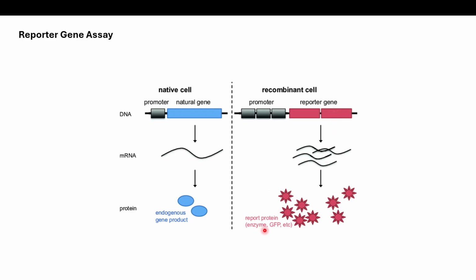Then you have some kind of enzyme like beta galactosidase or a fluorescent protein like green fluorescent protein or yellow fluorescent protein, or another enzyme like luciferase, which acts on certain substrates, emitting light, right?